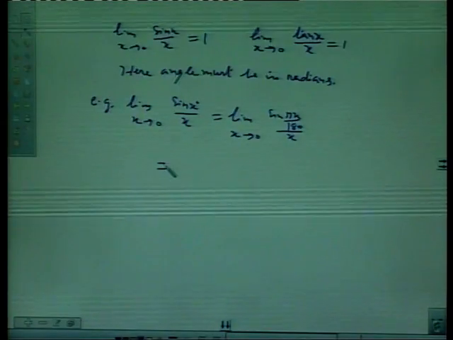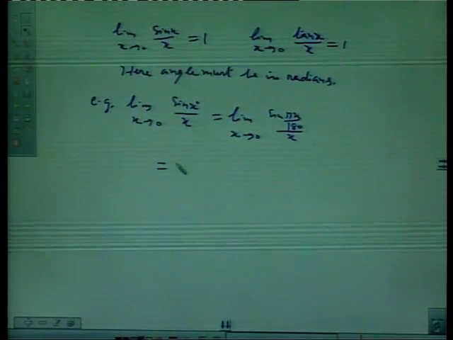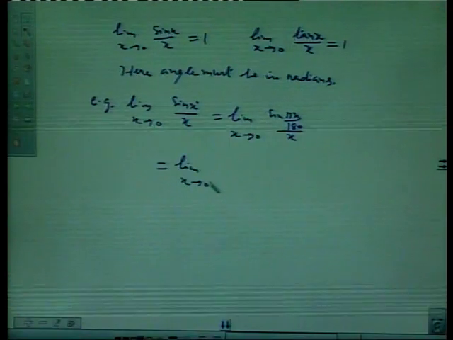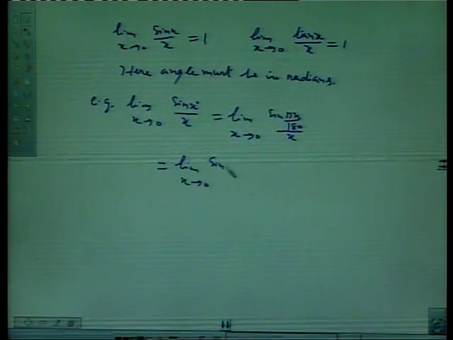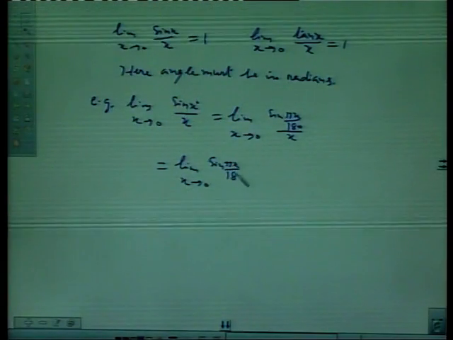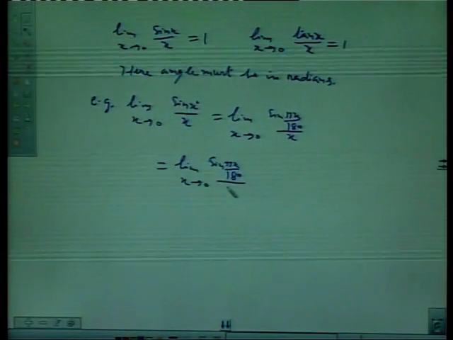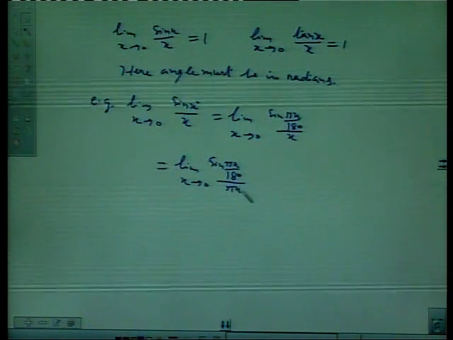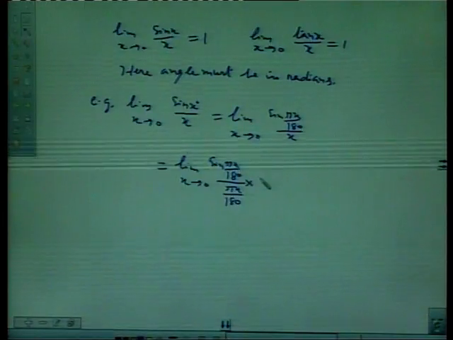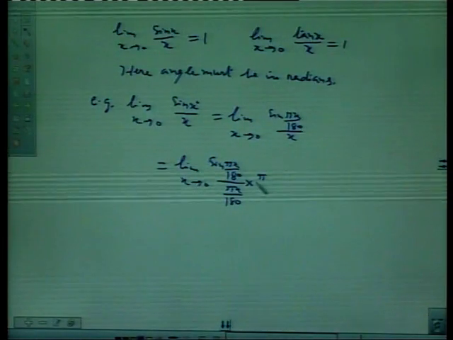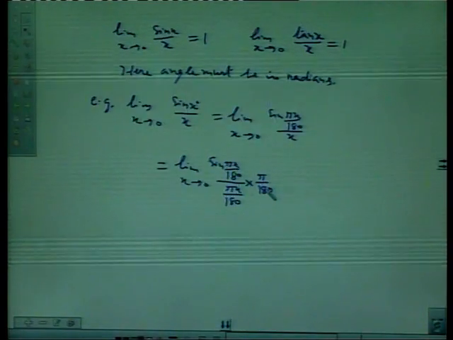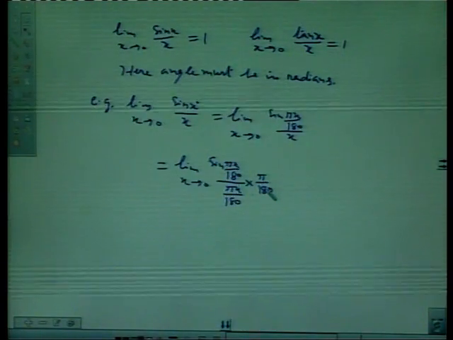So, to make it in the standard form, what will we do? sin of pi x upon 180, upon pi x upon 180. So, here we multiply with pi upon 180 and divide by pi upon 180.